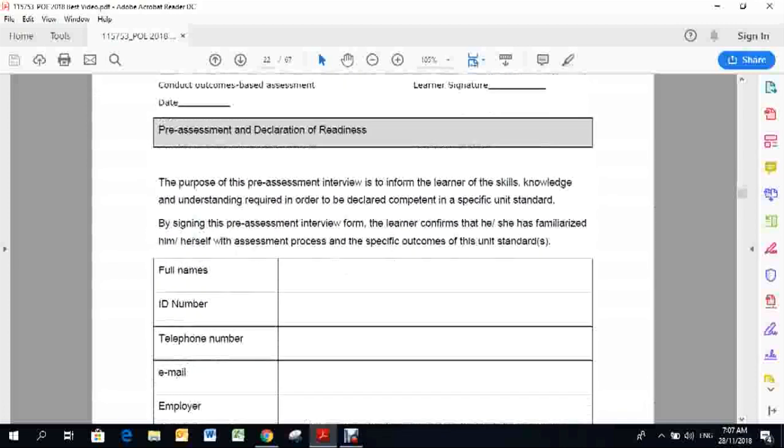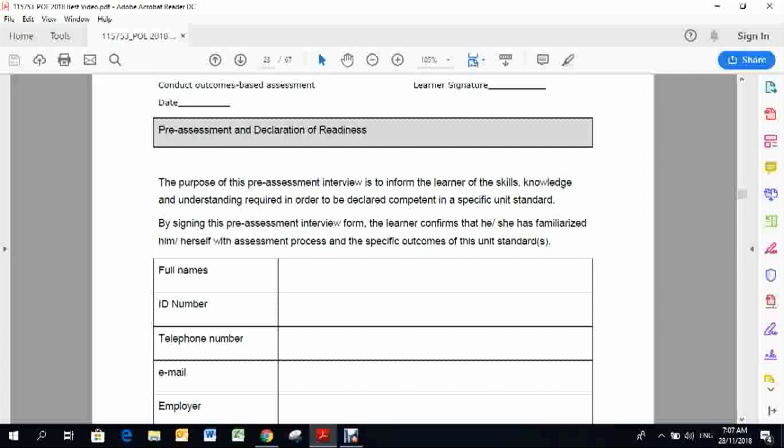We then go to the pre-assessment and declaration of readiness. This is an interview that is to inform the learner of the skills, knowledge, and understanding required in order to be declared competent in a specific unit standard.